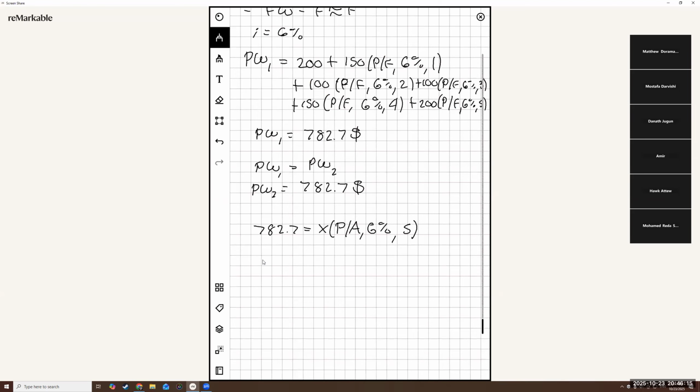Or the other way would be X, which is an annuity, is equal to 782.7 A from P, 6% for 5 installments. So 5 equivalent installments.